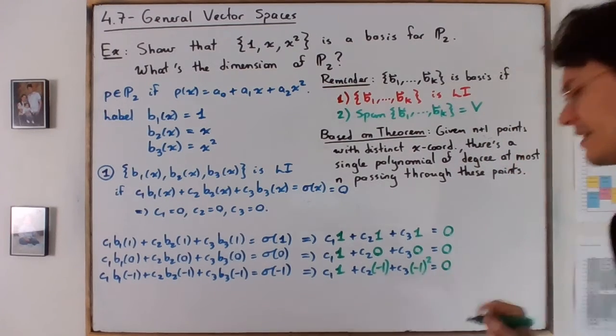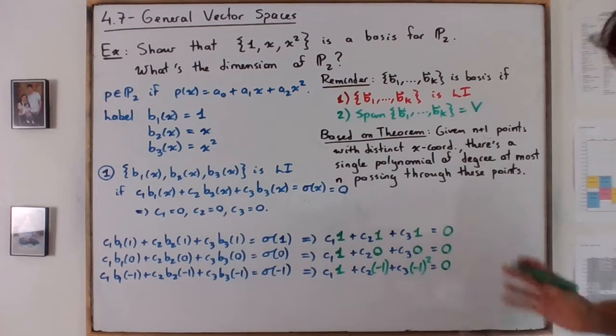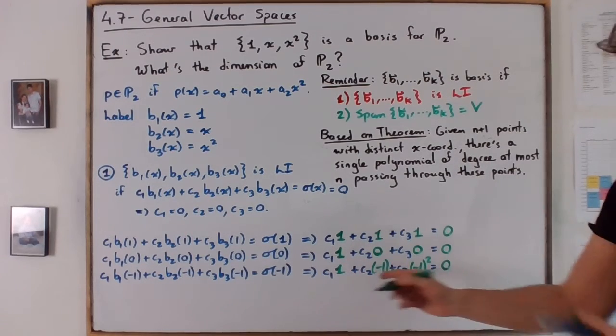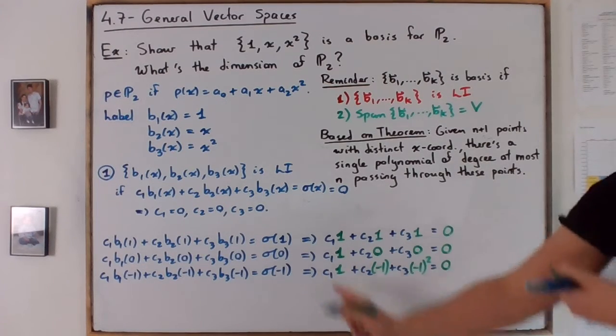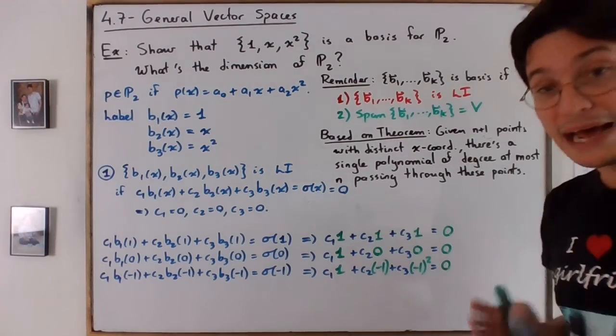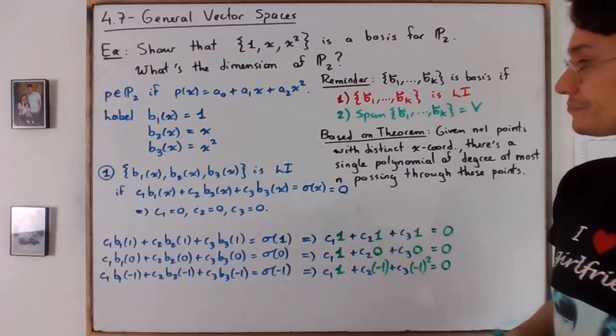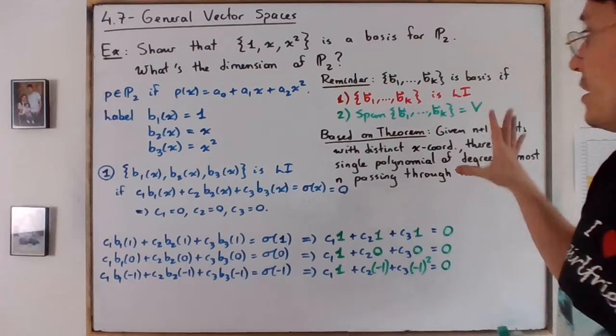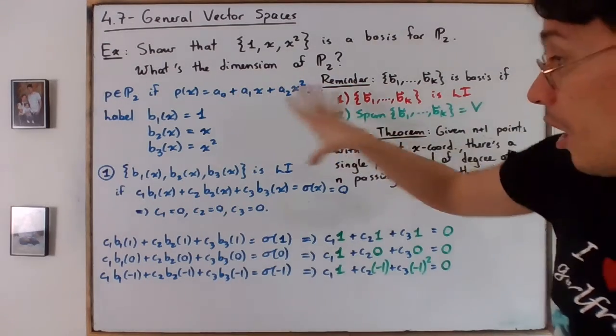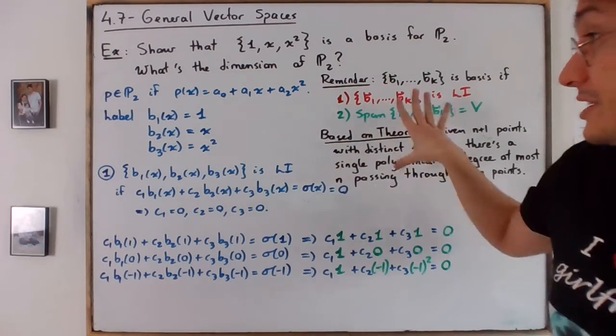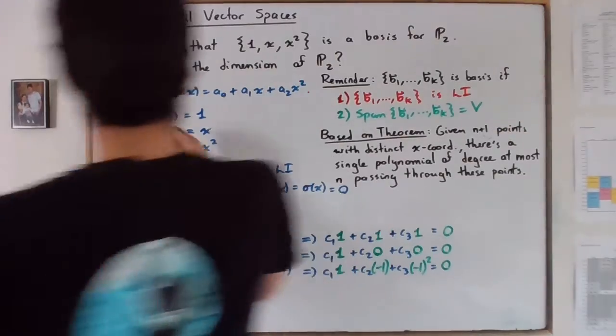Let's write -1 squared so that you see what's going on. This will be a system that we will now solve. Okay, so I can erase all of this.